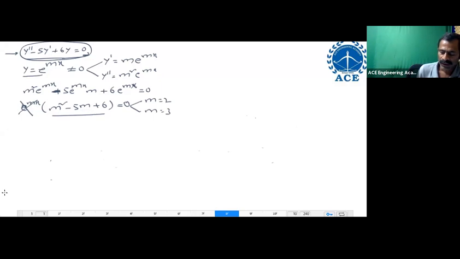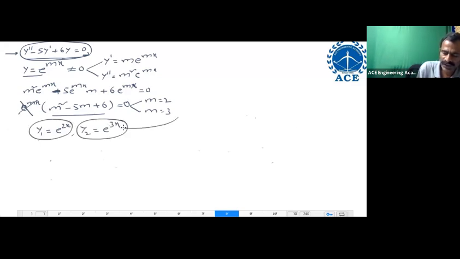So our solutions will be y1 equal to e power m1 x, that is e power 2x, and y2 equal to e power m2 x, corresponding to the value 3, that is e power 3x. These two are non-zero solutions of this differential equation.